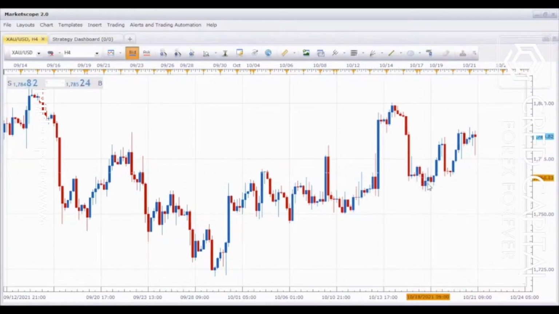It is called a piercing pattern when the previous candle appears in the market and the last candle covers it till half. So this one is a piercing pattern. This will also be a piercing pattern.